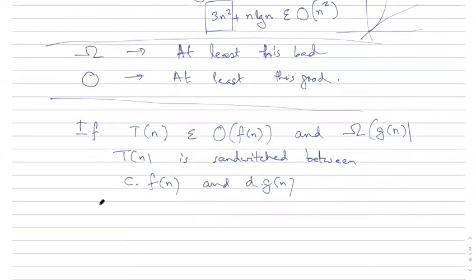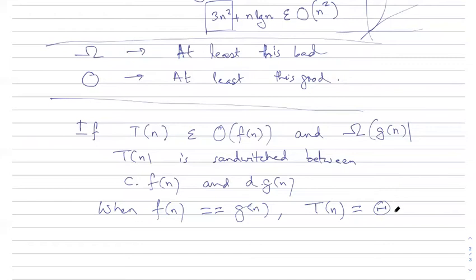And when f of n is equal to g of n, then we can say that T of n is equal to this. This is the big theta, right?